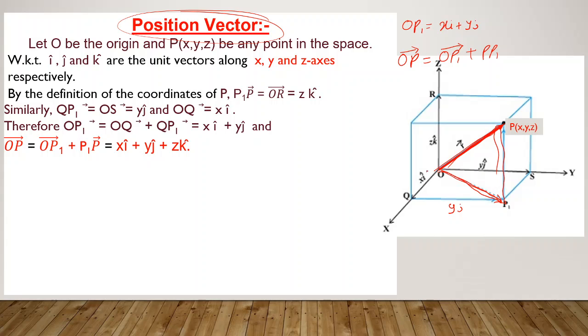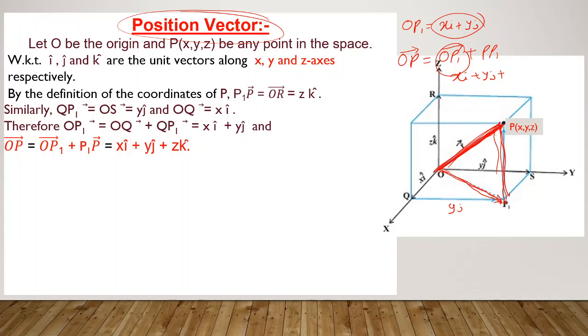Before that, first let us find the position vector, that is OP. So OP is equal to OP1 plus P1P. Now what is OP1? Which already you have studied here. It is xi plus yj. Plus, what is P1P?